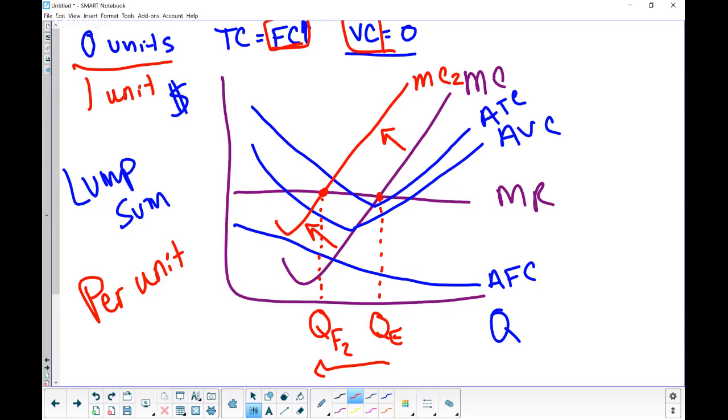So what does a lump sum do? This is like saying, hey, we have a one-time fee for opening up a business. It's a registration fee to become an LLC. It's a $100 fee. Once you become an LLC, your $100 is paid for, and you never have to pay for it again. That's why it's a fixed cost.